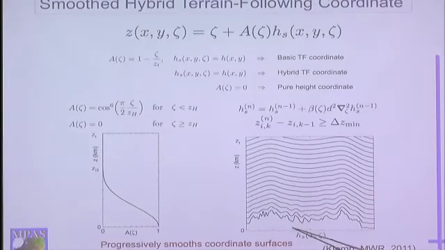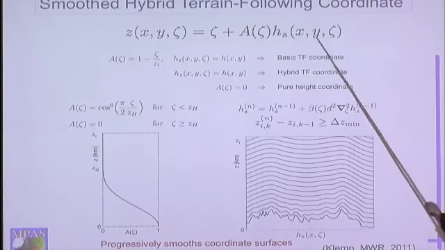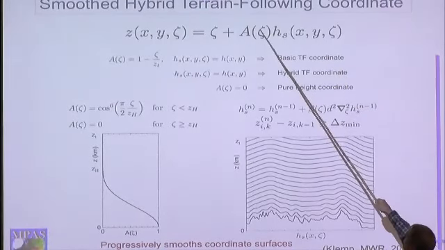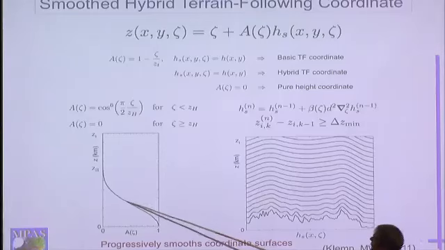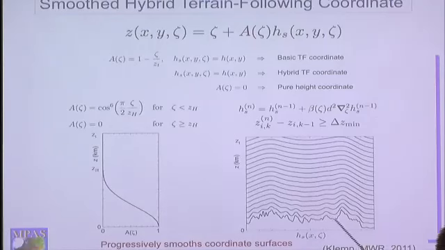So what you're looking at here is not what the coordinate surfaces look like. This is what this h_s looks like. And then this attenuation factor, which might look something like this with height, is what multiplies each of these contours at different levels. One has to be careful in smoothing. You can't smooth too much, or you can drive these coordinate surfaces into each other, or maybe even make them cross. So there's always a constraint that you don't want the minimum delta z to drop below some specified minimum.